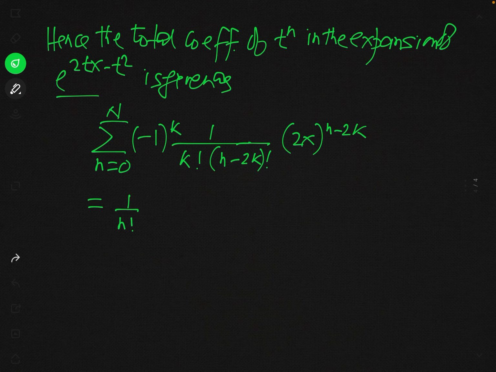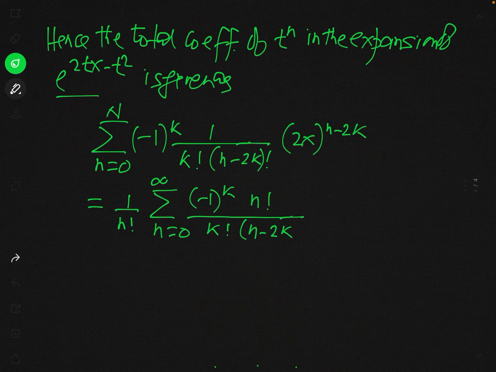So I can write 1 over n factorial times summation k from 0 to capital N of minus 1 raised to the power k times n factorial over k factorial times n minus 2k factorial times 2x raised to the power n minus 2k.